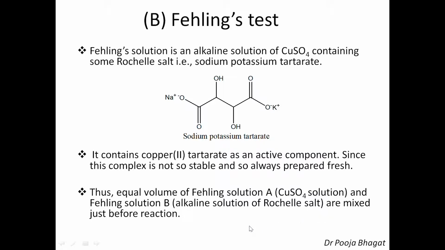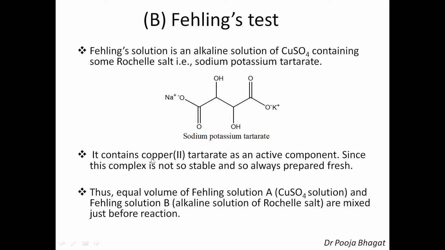That is, we have two solutions, Fehling A and Fehling B. When we have to carry out the reaction, we will mix these two in equal amounts just before the reaction, as we have seen that this complex is not stable.